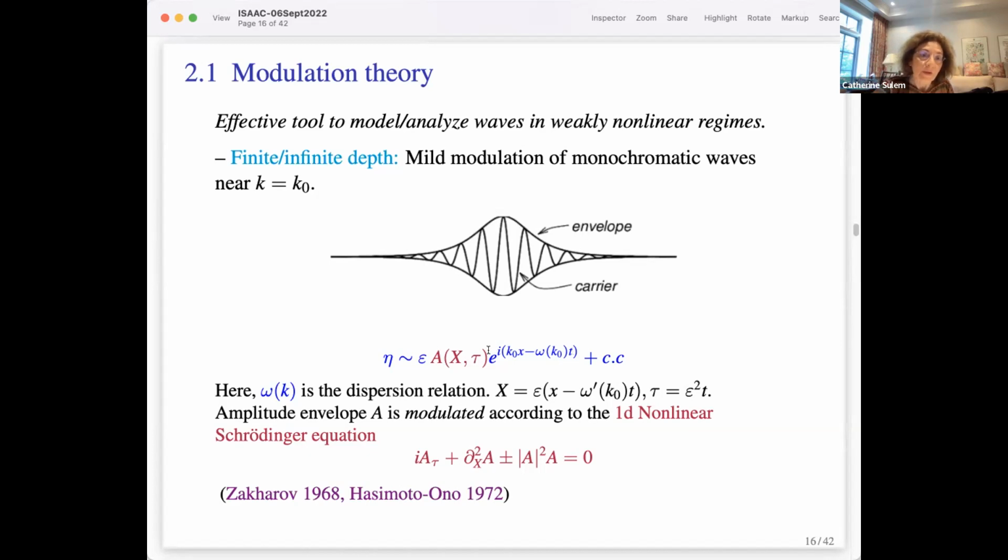And it is well known that in this regime, the amplitude satisfies a one-dimensional nonlinear Schrödinger equation, going back to Zakharov for deep water and Hasimoto and Ono in 72.